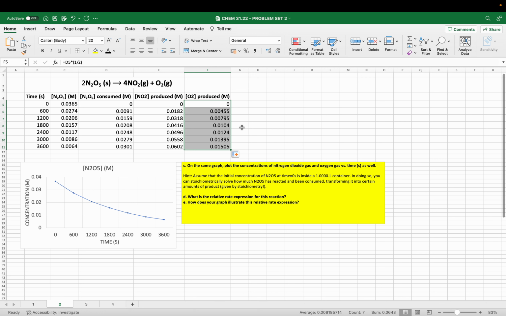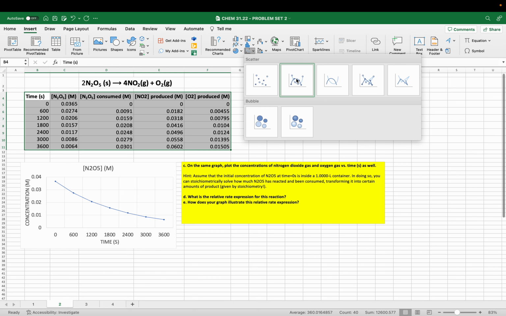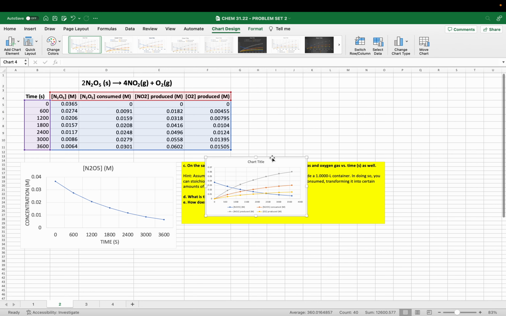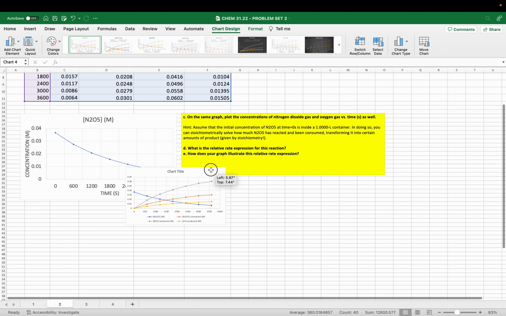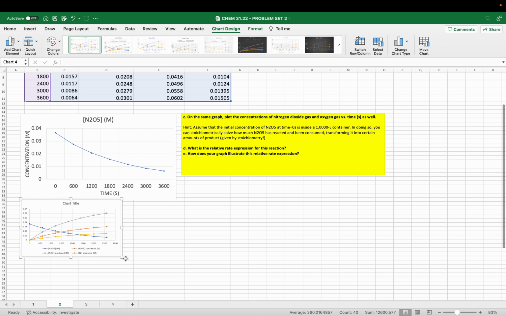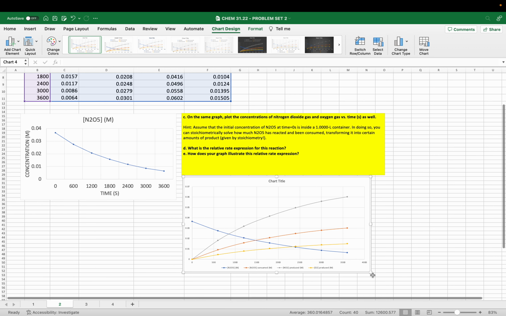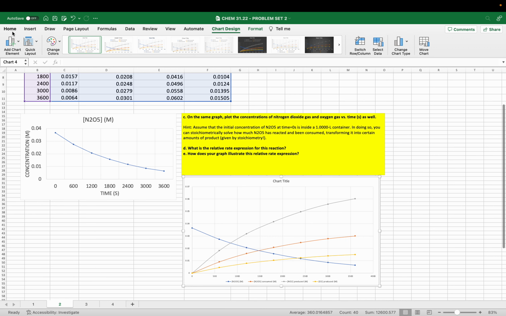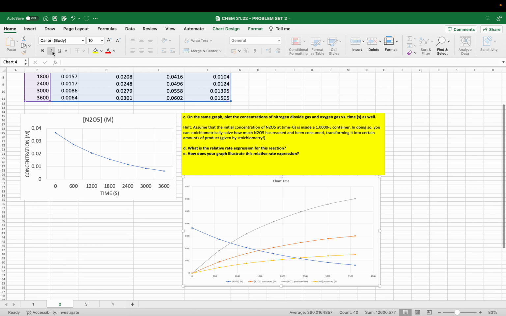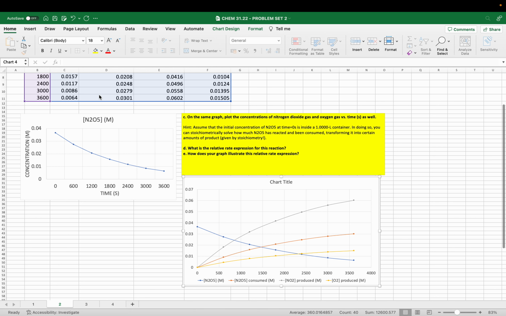at different time points. We are then going to select all of these columns and then insert another graph. So this graph right here will showcase all the different concentrations of the different substances at different points in time.